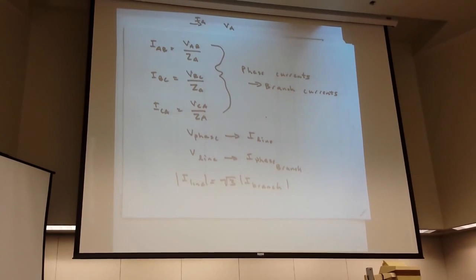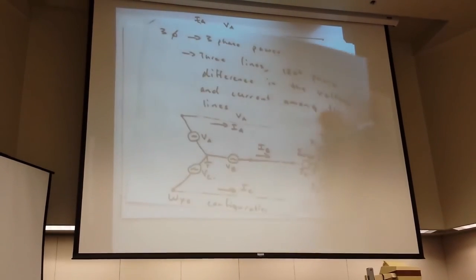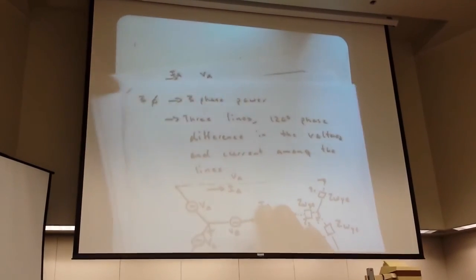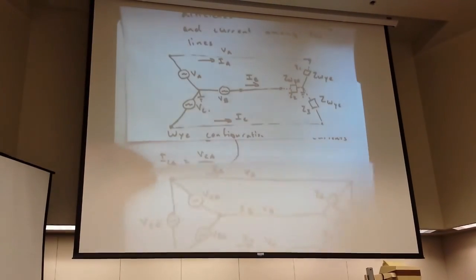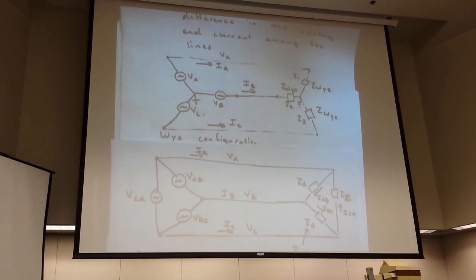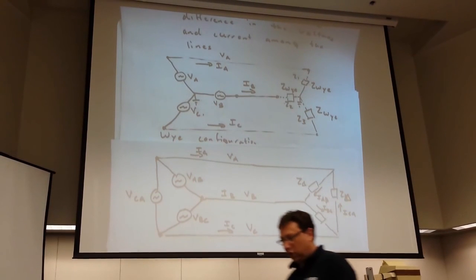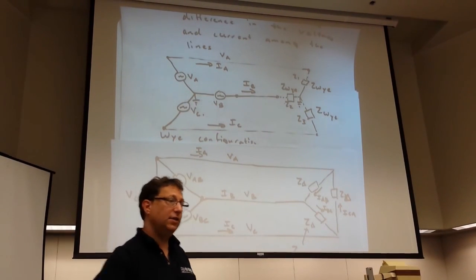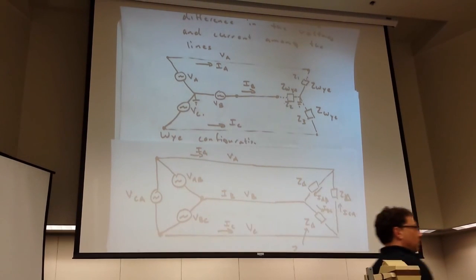Now, we have this delta configuration and this Y configuration. Here's our Y. Where did my delta go? There's my delta and my Y. If I'm saying these are equivalent circuits that we can represent in two different ways, what must be true?